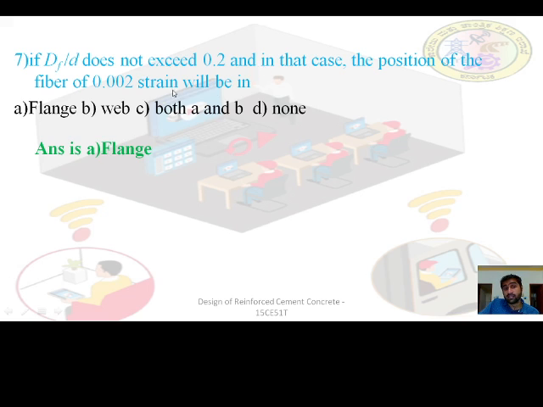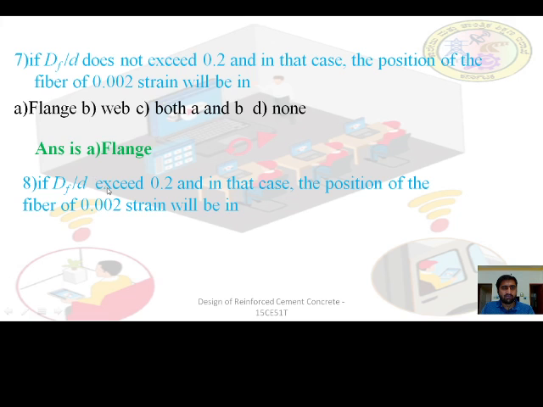Please think whether the answer is correct or wrong. So Df by D, if it is less than 0.2, in that case the position of the fiber of the 0.002 strain will be in, actually the answer is web.